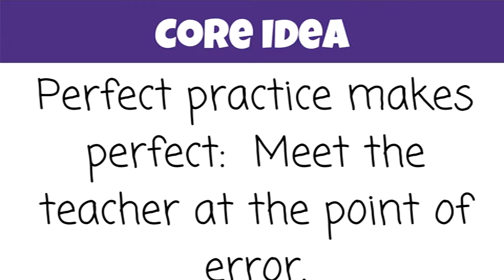You have to practice it to be perfect. Okay? Nobody's perfect. Nobody's a perfect teacher. These sports guys, they're not perfect, but they put in a lot of practice. So, if we meet the teacher at the point of error, then they are going to understand what they need to practice, and then they can practice it until they get it perfect.